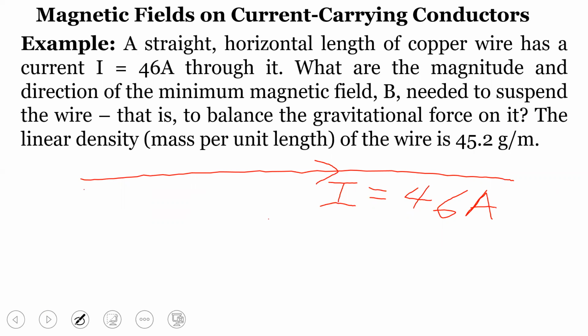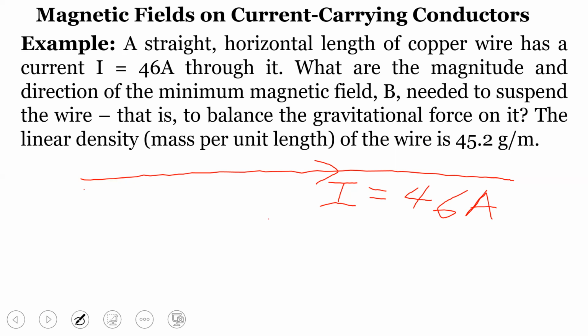So I would like to look at this question from the back, which says that what is the magnitude and direction of the magnetic field needed to suspend the wire, that is, to balance the gravitational force on it? To balance that gravitational force is the point of interest here.